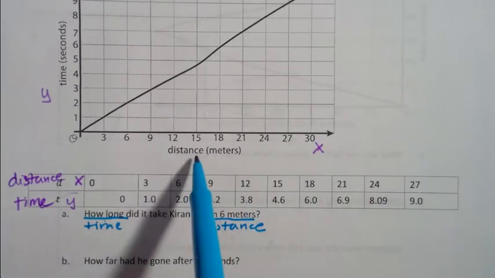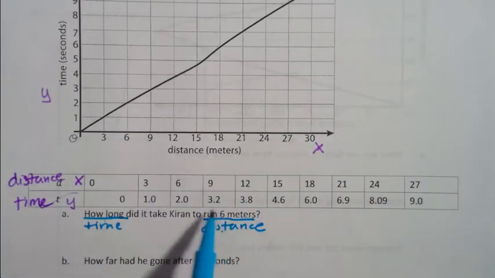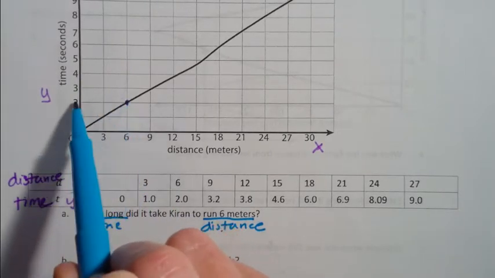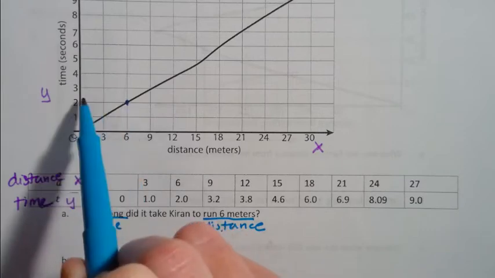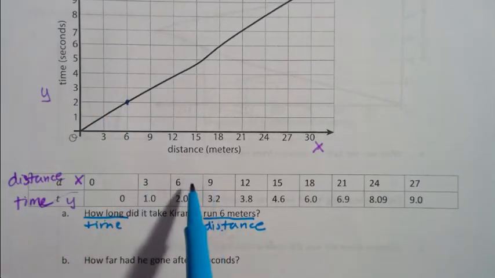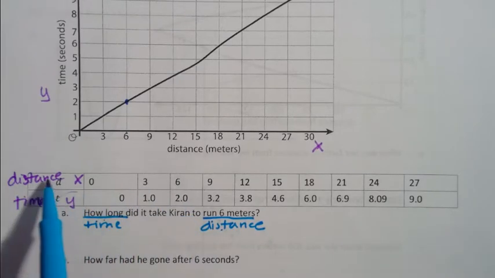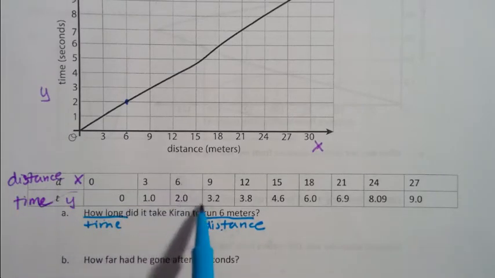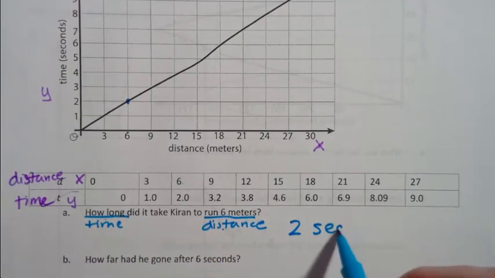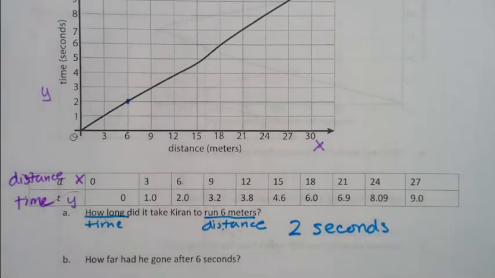If I look at the graph, I'm looking for distance 6 meters, and I can go up and see that at 6 meters, it was 2 seconds. If I look at the table, 6 meters, 2 seconds. You can use either the graph or the table. So how long did it take him to run 6 meters? 2 seconds.